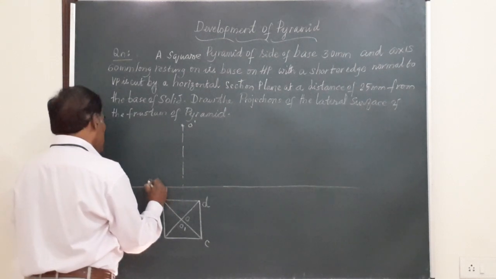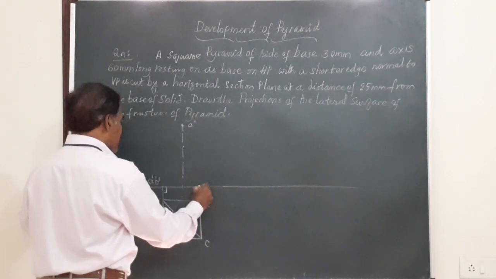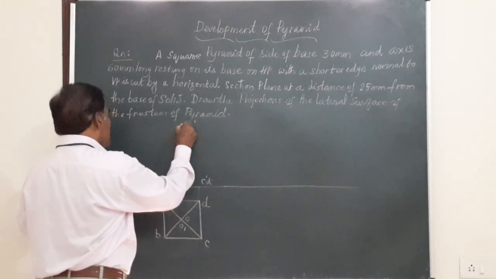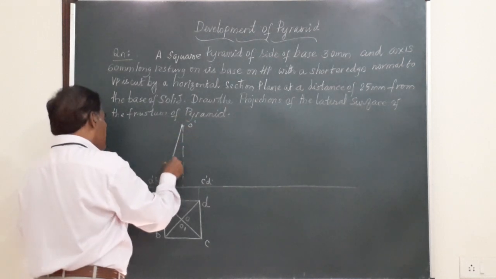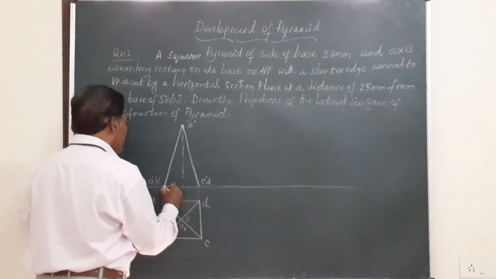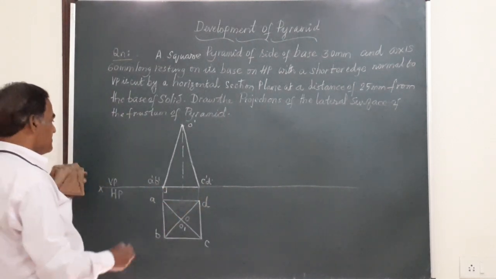This is A dash, B dash. This is going to be C dash, D dash. Join O dash to A dash, B dash, and O dash to C dash, D dash. This horizontal line on XY represents the base of the solid.